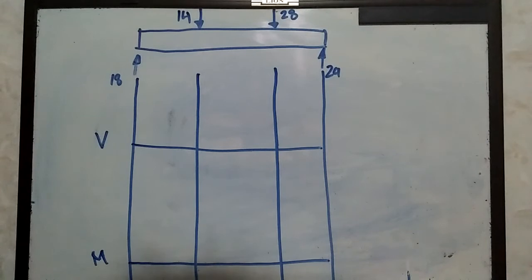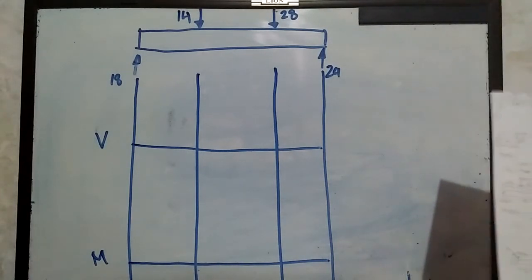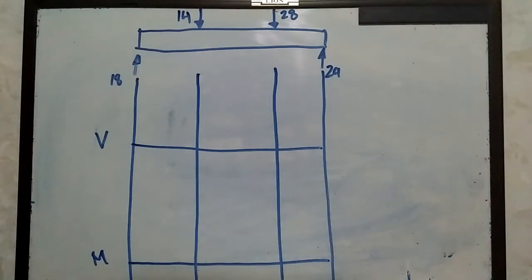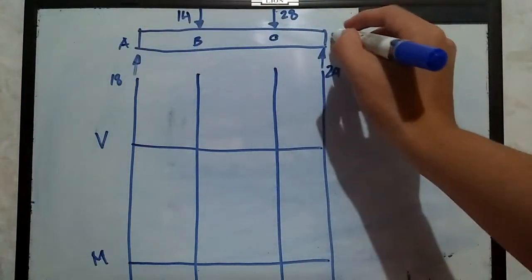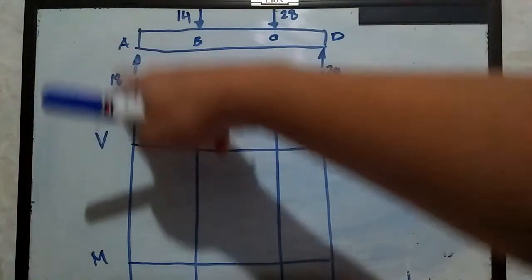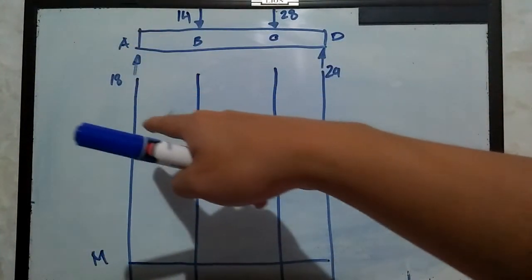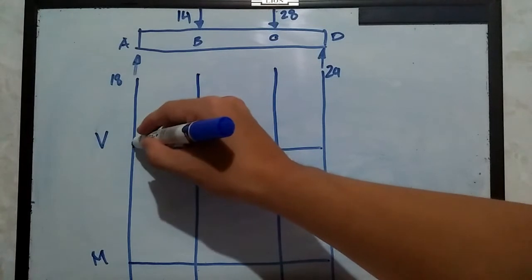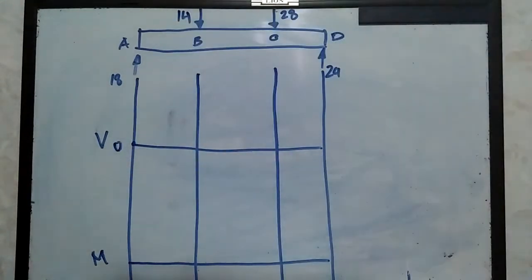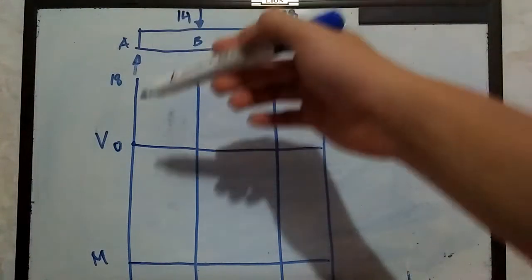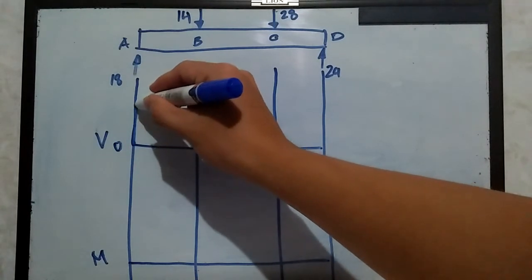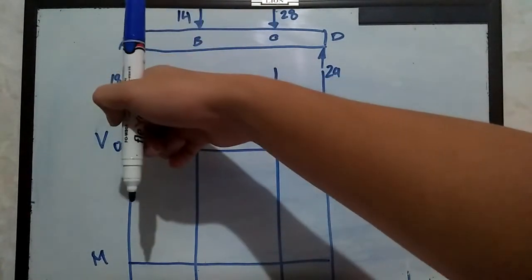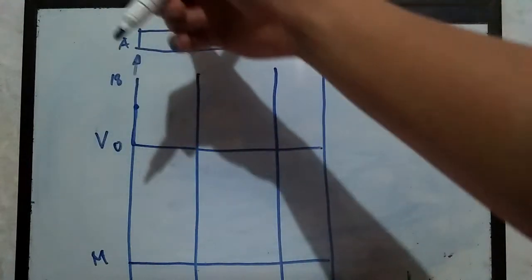So according to our computations, this is A, B, C, and D. At point A, we rose up by 18 units of force. So that's why from V, starting from 0, as you can see from our computation just recently, we have 0, right? Then we rise up by 18 kilonewtons because we have here 18 kilonewtons acting upward.